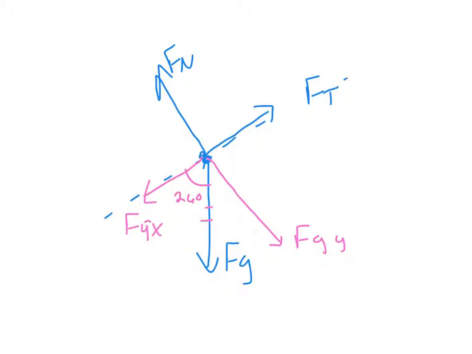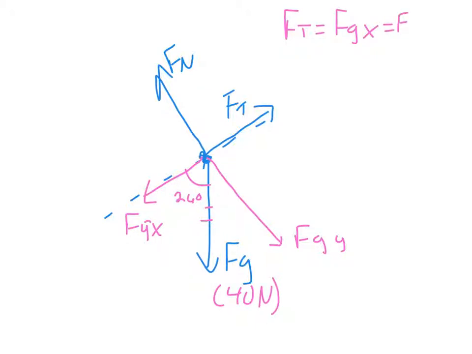We were given that weight was equal to 40 newtons, and we're looking for the tension force. So this is easy enough. Tension force is going to equal the x component of my weight. The x component of the gravitational force is going to equal the gravitational force times the cosine of the angle.